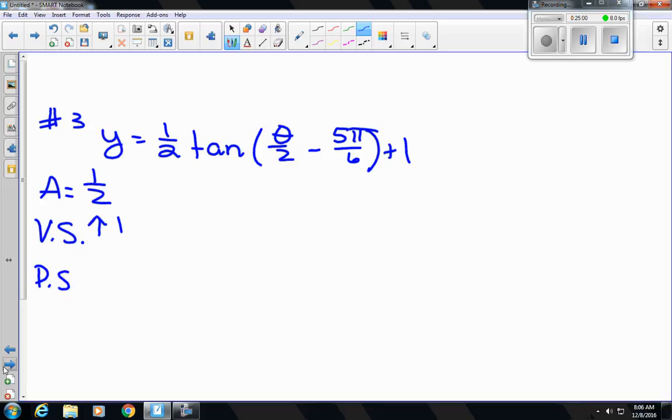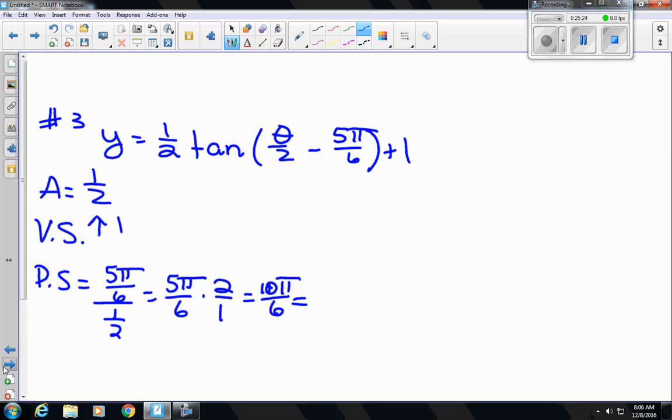Good. Phase shift would be 5 pi over 6 divided by 1/2. Now, Dylan went ahead and made that positive because in the argument it's negative, so we know it moves in the opposite direction. And so we've got 5 pi over 6 times 2 over 1, which is 10 pi over 6.